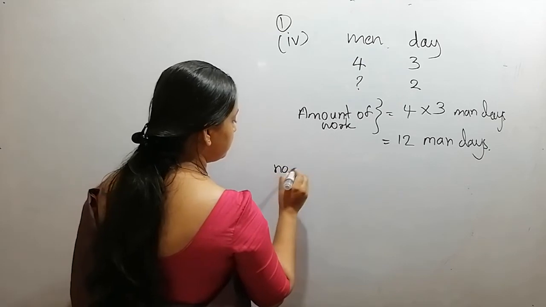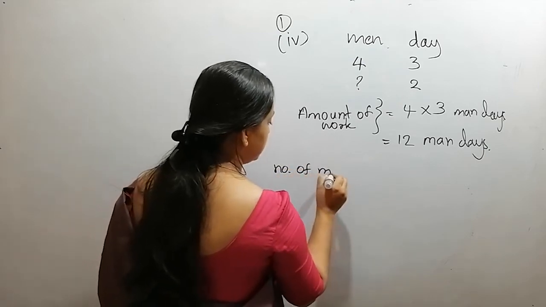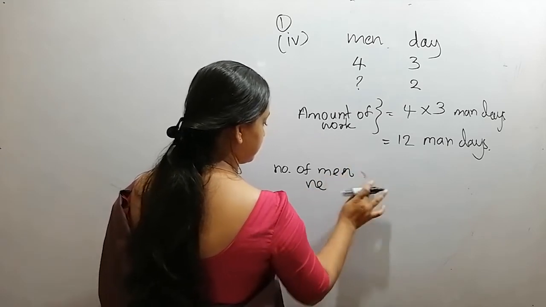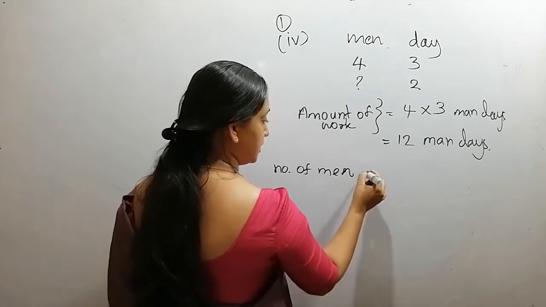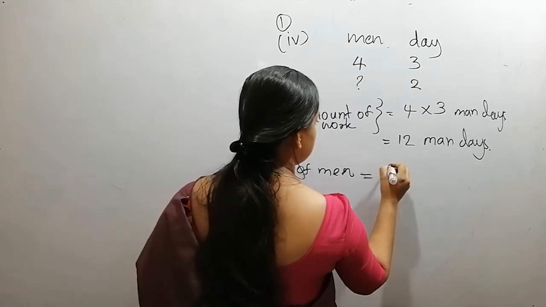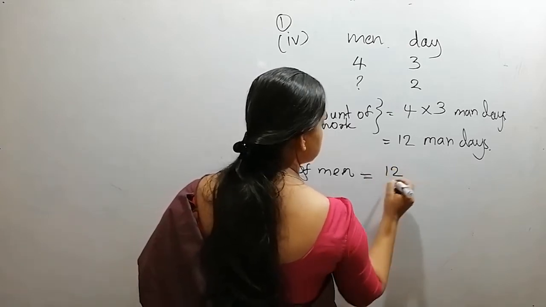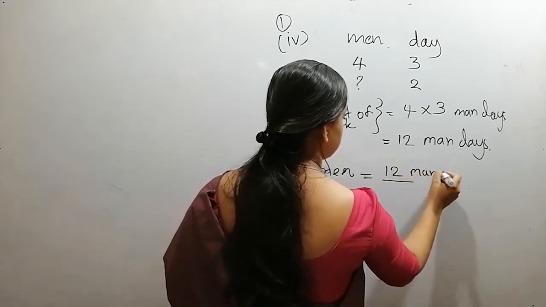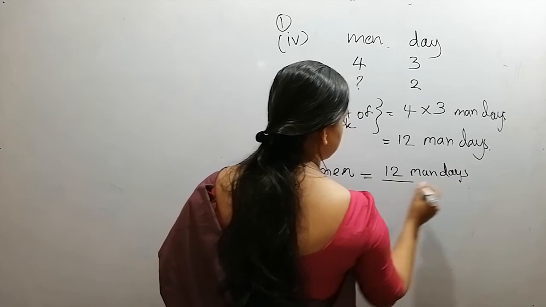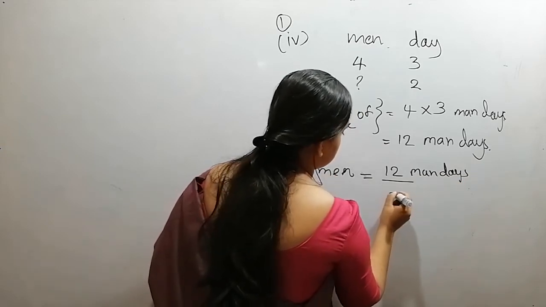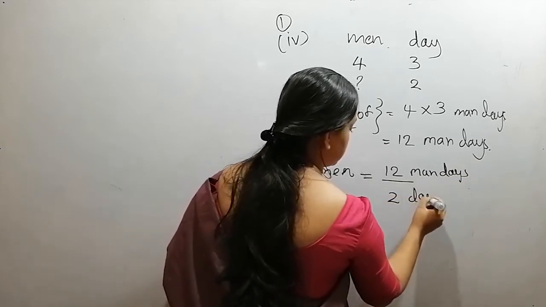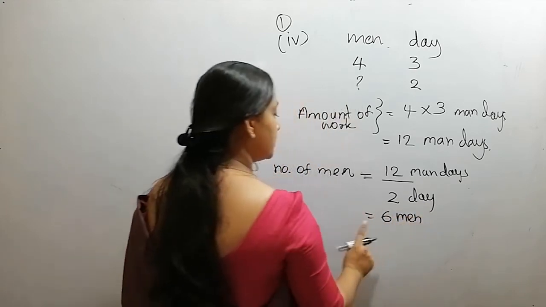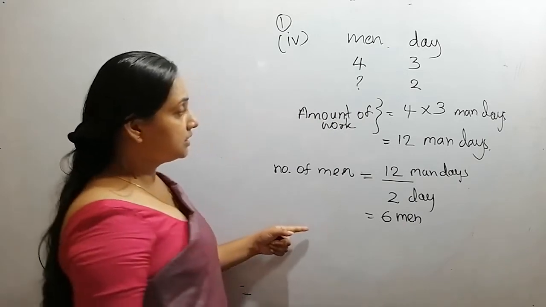Then the number of men needed is the amount of work divided by the number of days. That gives the total number of men required to complete the work.